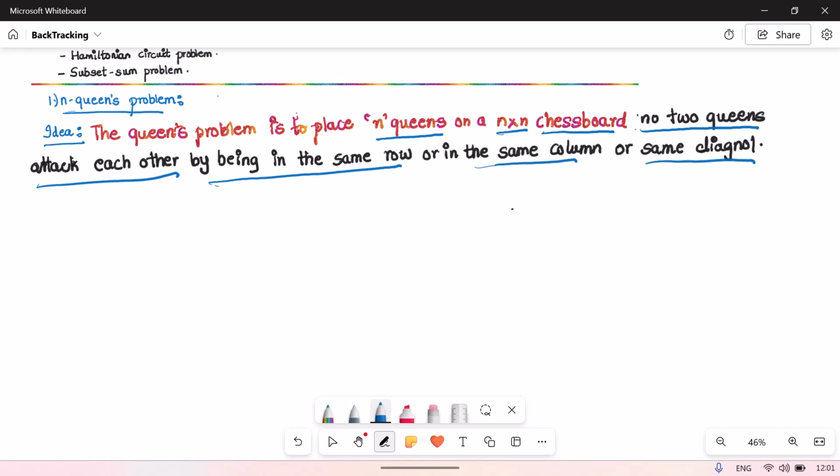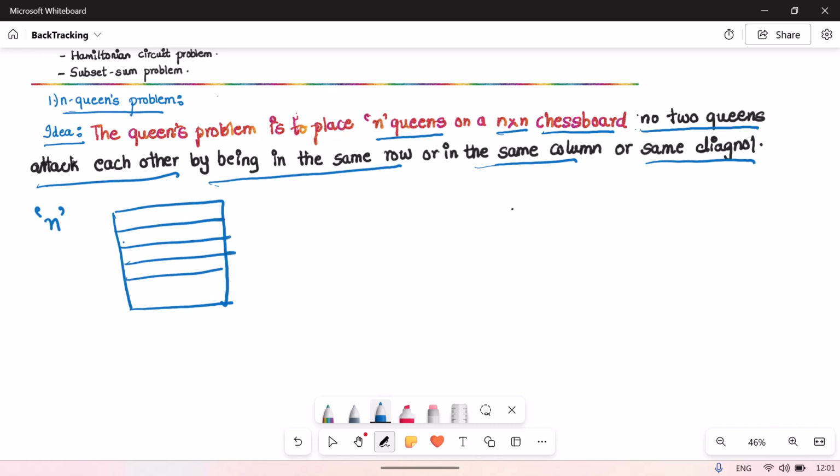See, suppose there is n queen. N queen means there will be a chessboard. You know chessboard. Chessboard is like a mix of boxes like this. So you have to place these n queens one after the other, making sure that if you're placing, suppose I placed a queen here, then the next queen cannot be in the same row, same column, or in the same diagonal.